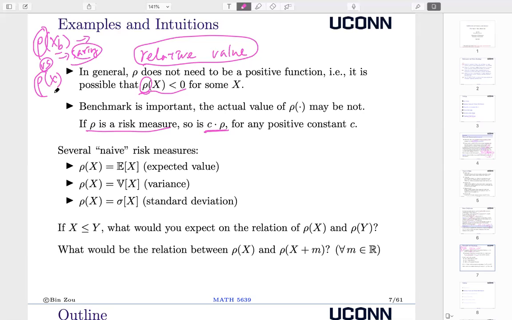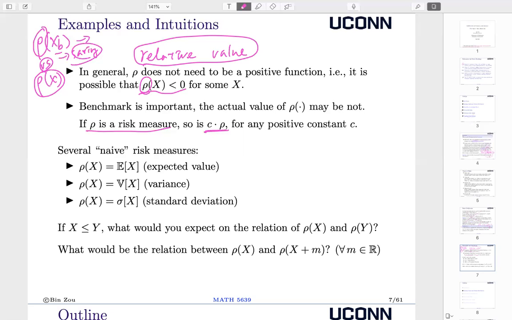And if you get something which is very, very big compared to rho of the saving account, then you will think this opportunity is very risky, right? So the understanding from this example is obvious, right? I'm trying to emphasize that the value itself, rho of X, is not that important.